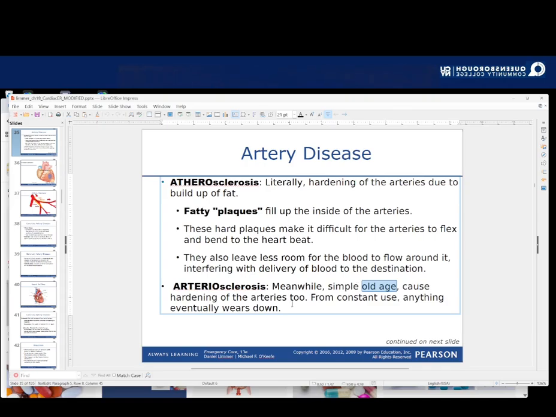We call that senescence. So sclerosis happens anyway to people who live long enough, like 100 years, I guess. But some people live a few years beyond that. But a subset of arteriosclerosis is atherosclerosis.